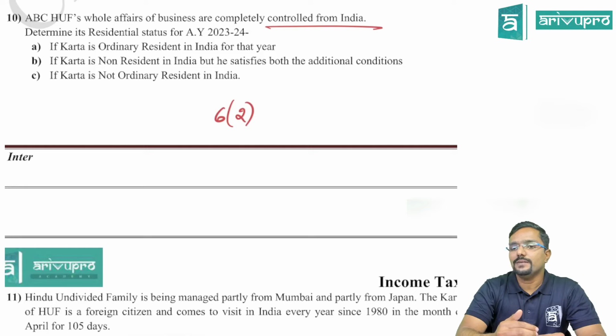Full stop. Next line. Hence, the residential status of HUF. The name of the HUF also is given. You can use ABC HUF. Hence, the residential status of ABC HUF. If you already wrote HUF, fine.